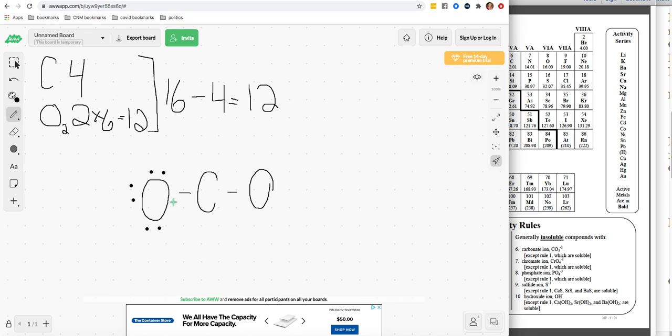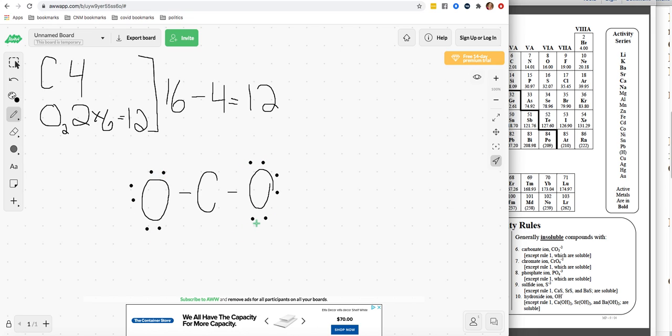So now we've used up 6 of our 12 electrons, and then we'll do the same over here. 2, 3, 4, 5, 6, 7, 8. Okay, so out of our 12 remaining electrons, we've used up all 12 of them.